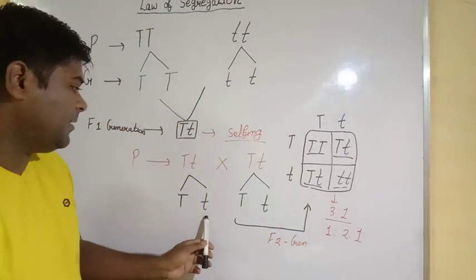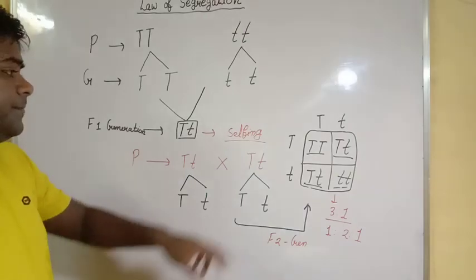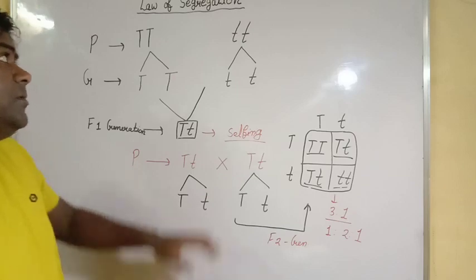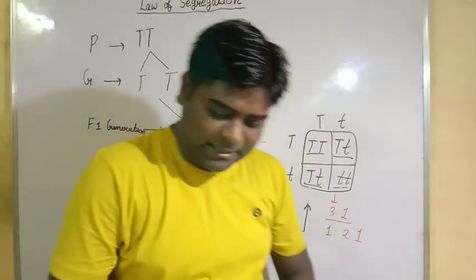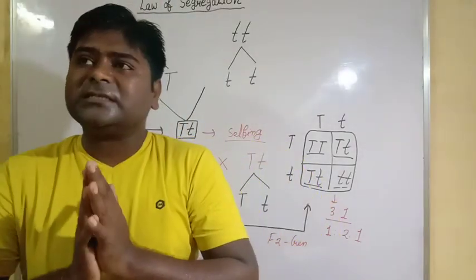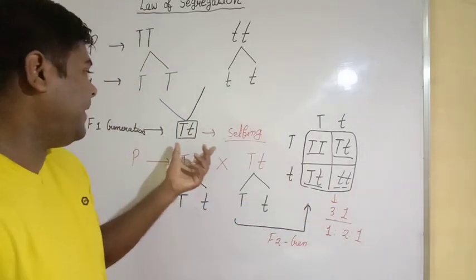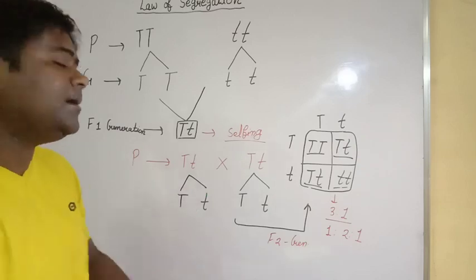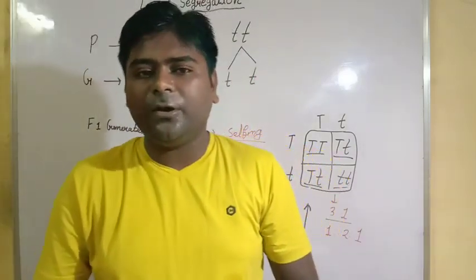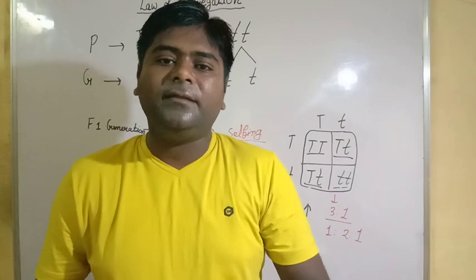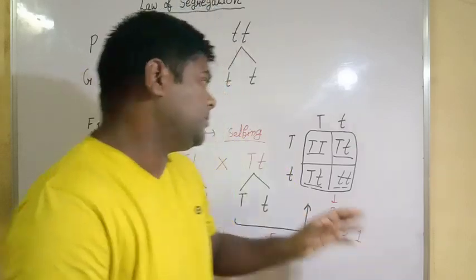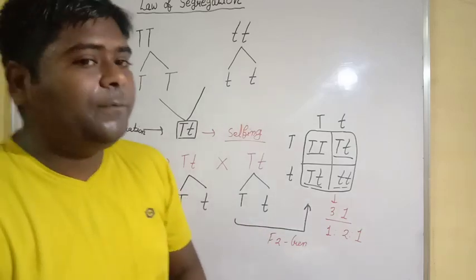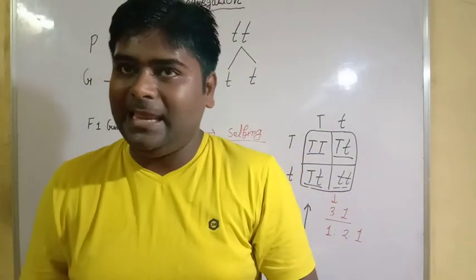You can see, and they are able to restore the diploid condition. So that is the law of segregation. This law states that allelic factors can separate at the time of the formation of gametes, and they can unite and restore the diploid condition again.